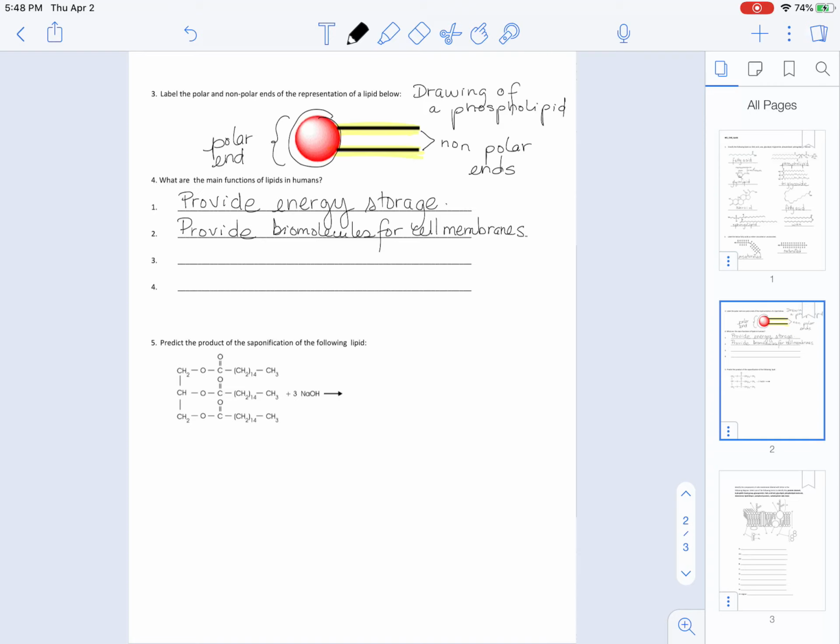The third function of lipids is to act as chemical signals, and the last function is that they are involved in protection and insulation of neurons.